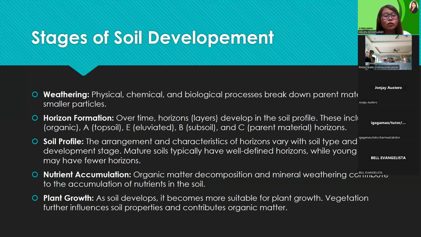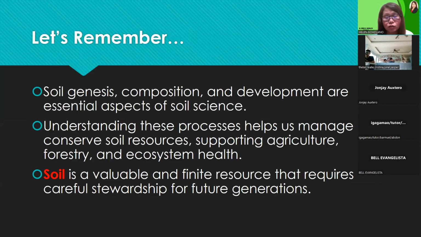My father is a farmer, and I have seen that my father has a variety of plants. So it's important also to look into that. That depends on the plant growth.